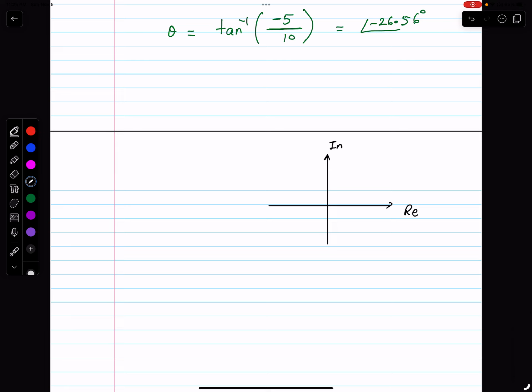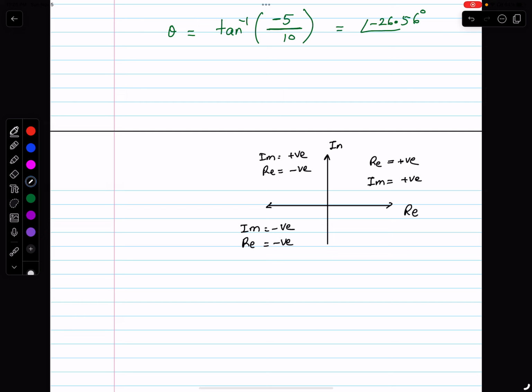In this quadrant, real part is positive, imaginary part is positive. In the second quadrant, right here, the imaginary part is positive because it is above the origin, whereas the real part is negative because it is to the left of the origin. Similarly here, both the imaginary part and the real part are negative.